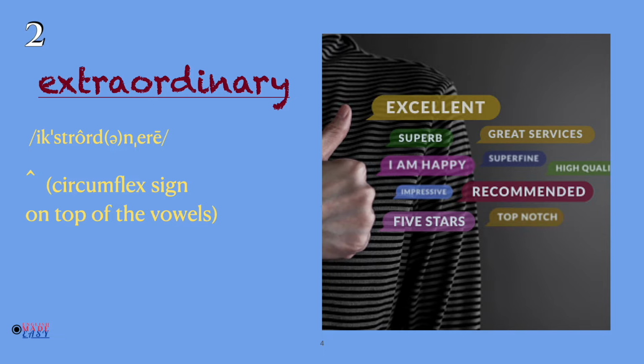The letter I takes a schwa sound and is sometimes dropped by some English speakers. The letter A takes a short regular E sound, but with a minor stress. And lastly, the letter Y takes a long E sound.